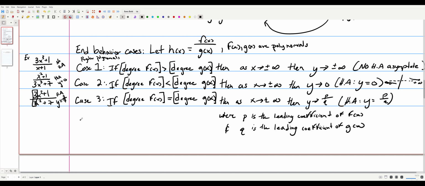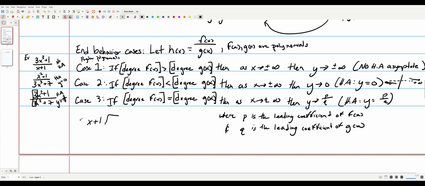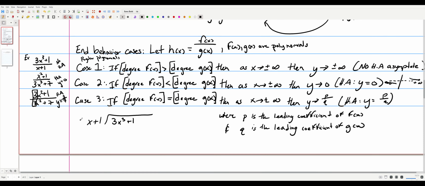And so we covered long division a section or two ago, but if you were to do that for our first polynomial, so we have 3x cubed plus 1 divided by x plus 1, and we could do long division many times: x times what gives us 3x cubed, or you could think of it as how many times does x go into 3x cubed. Well, remember when we do long division that we want to fill in placeholders for all the terms that we're missing.